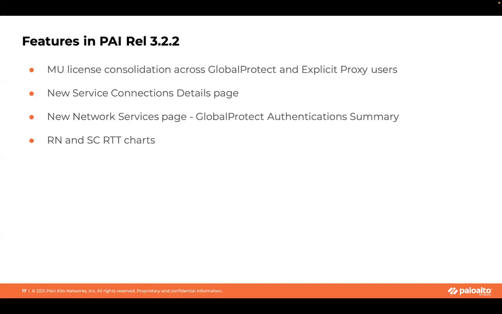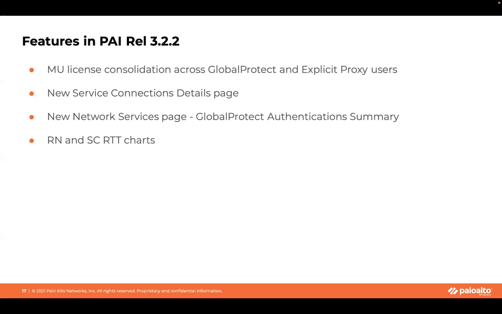Earlier, if you recall, you needed to carve out a portion of your MU license towards usage by Explicit Proxy, and we would indicate the Explicit Proxy consumption against those a priori carved out MU licenses. That is no longer required.